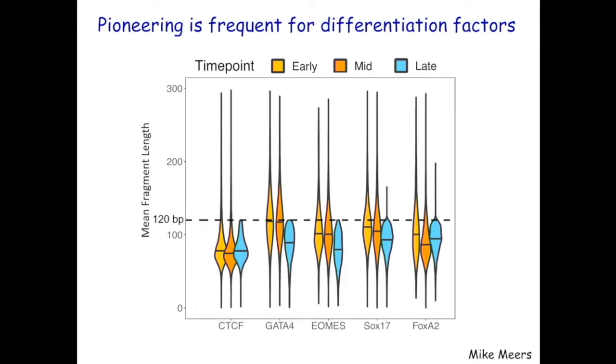For CTCF, only a small percentage actually show pioneering activity, but all the differentiation factors show some pioneering activity. GATA4, for example, about 50%. Next slide.